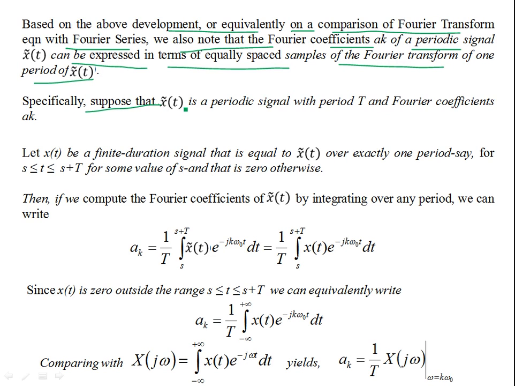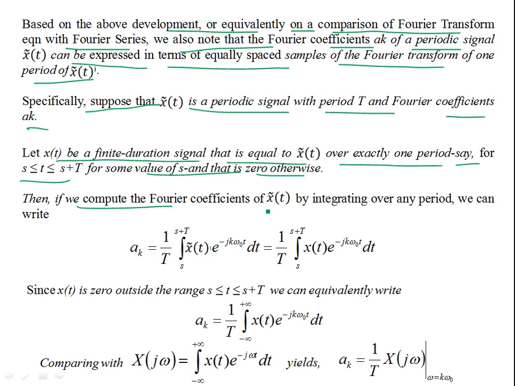Specifically, suppose x tilde(t) is a periodic signal with period T and Fourier coefficients a_k. Let x(t) be a finite duration signal equal to x tilde(t) exactly over one period, from s to s plus T for some value of s, and 0 otherwise.